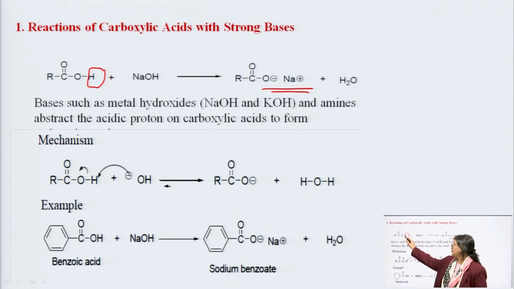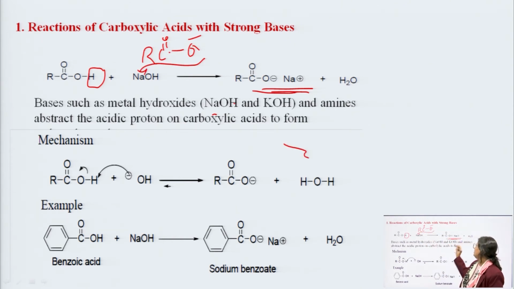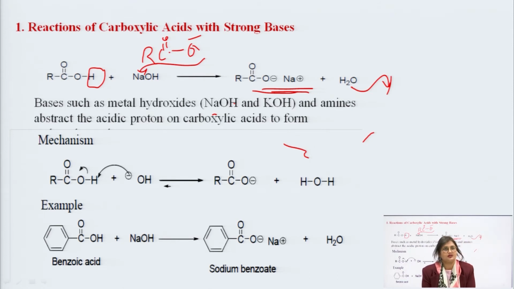This hydrogen is removed to form RC double bond O minus, which is further targeted by Na plus, forming the carboxylate salt RCOO minus Na plus, with release of a water molecule.